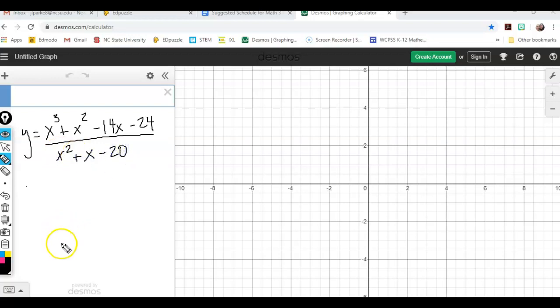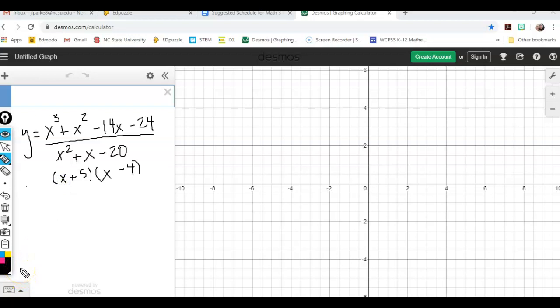All right, so this is the rational function that I want to try and find its points of discontinuity. And I know that the first thing I want to do is factor first. So I'm looking at my denominator, and two numbers that multiply to equal negative 20 and add to equal 1 should be positive 5 and negative 4. So I've got x plus 5 and x minus 4.